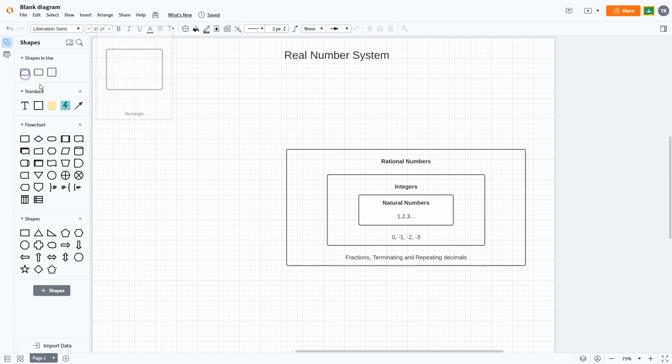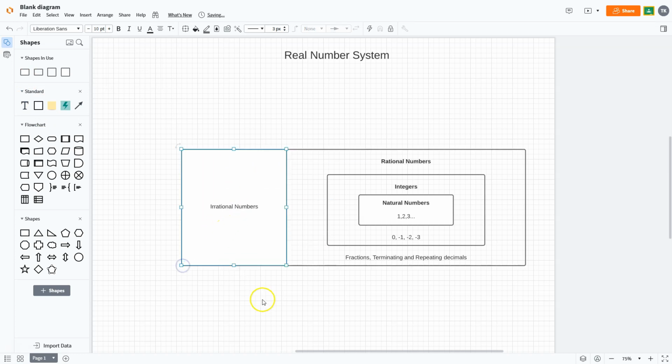The only other thing we have to cover are the irrational numbers. Okay, the irrational numbers are, let me put this in bold here, the irrational numbers are non-terminating, non-repeating decimals.